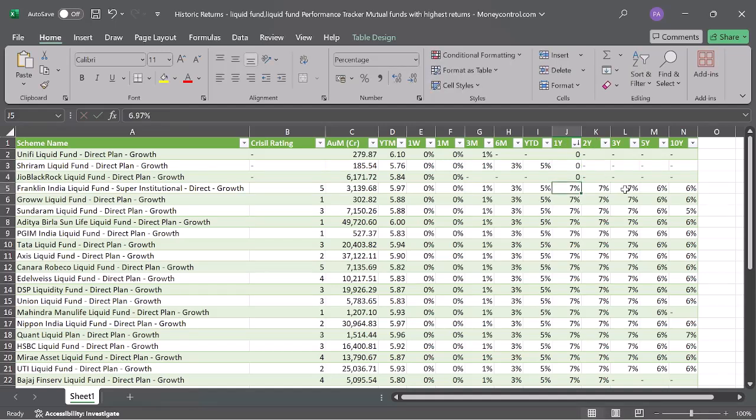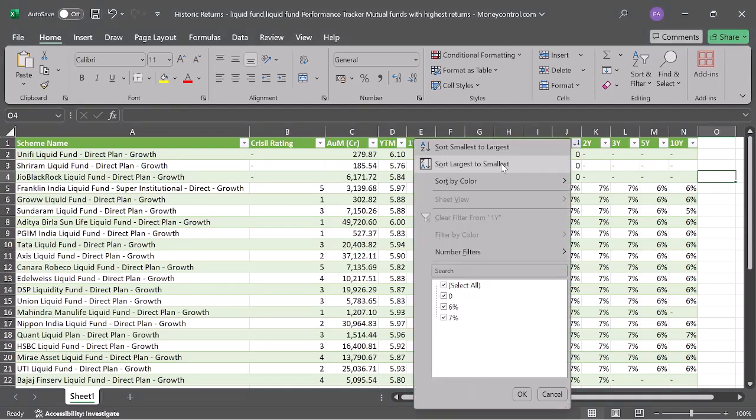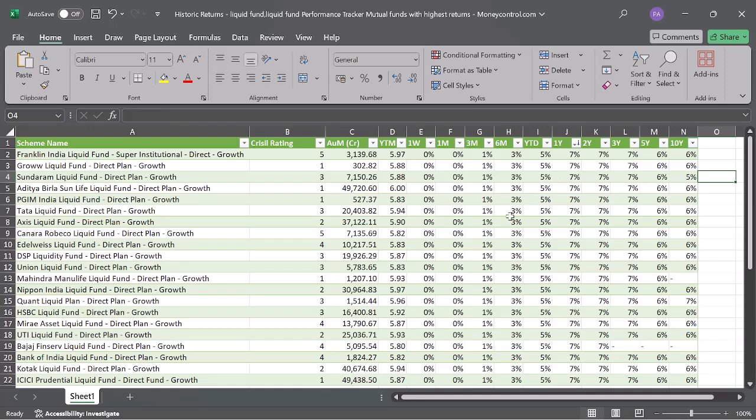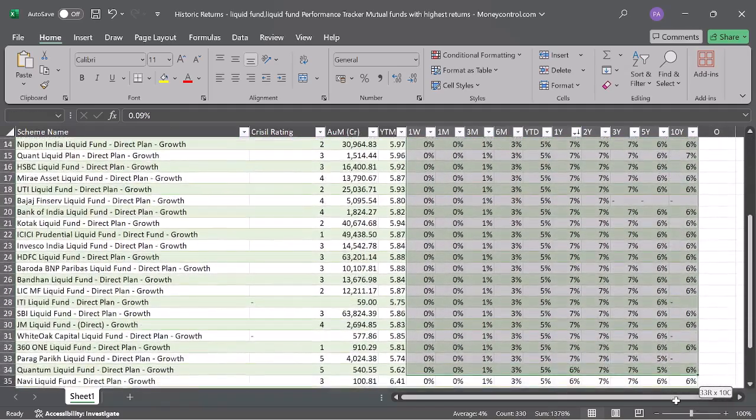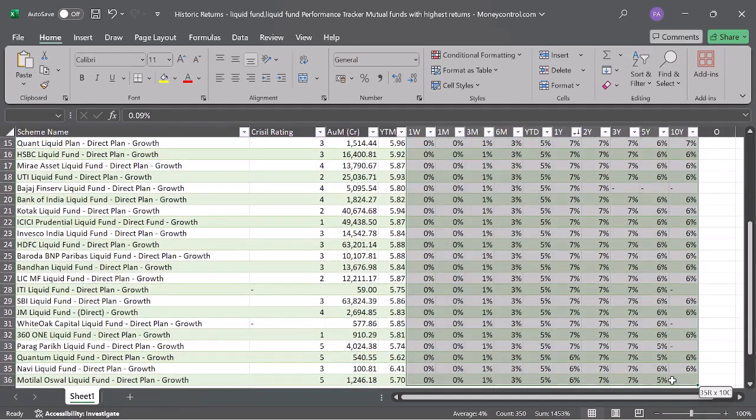Okay, so I'm just putting the cursor here for 1 year. Because these funds are giving a very low return, I'm going to make it up to 2 decimal places to make it more relevant.